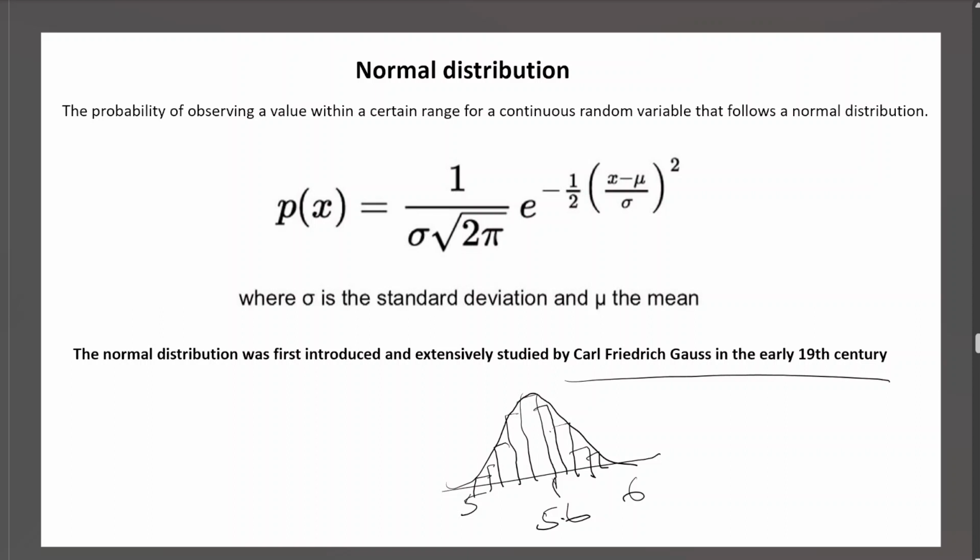The PDF for a normal distribution is given by P of x is equal to 1 by sigma times the square root of 2 pi, times the exponential of minus 1 by 2 times x minus mu by sigma, the whole squared. Here sigma is the standard deviation and mu is the mean. With this, let's try to solve the upcoming problems.